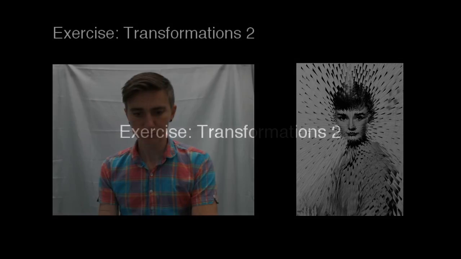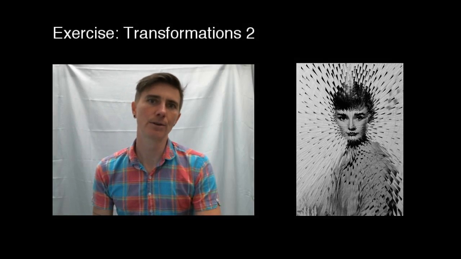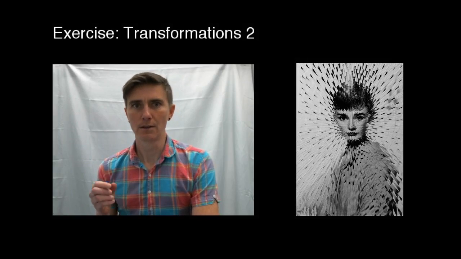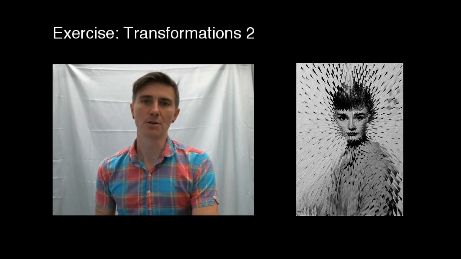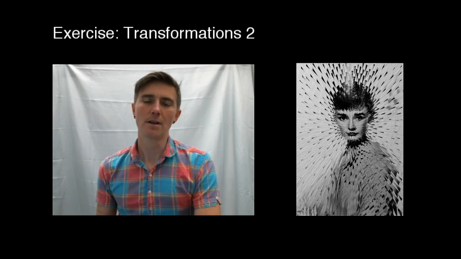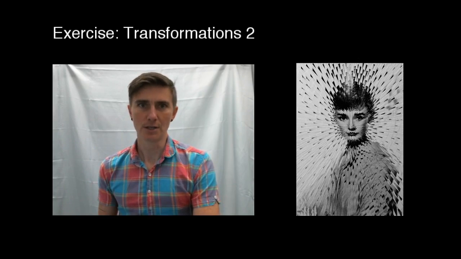This exercise is going to be jumping into the next level of transformation processes in Photoshop. So we're going to be further exploring different techniques of collage and using different transformation methods in order to, again, work with more collage and develop more collaged images.